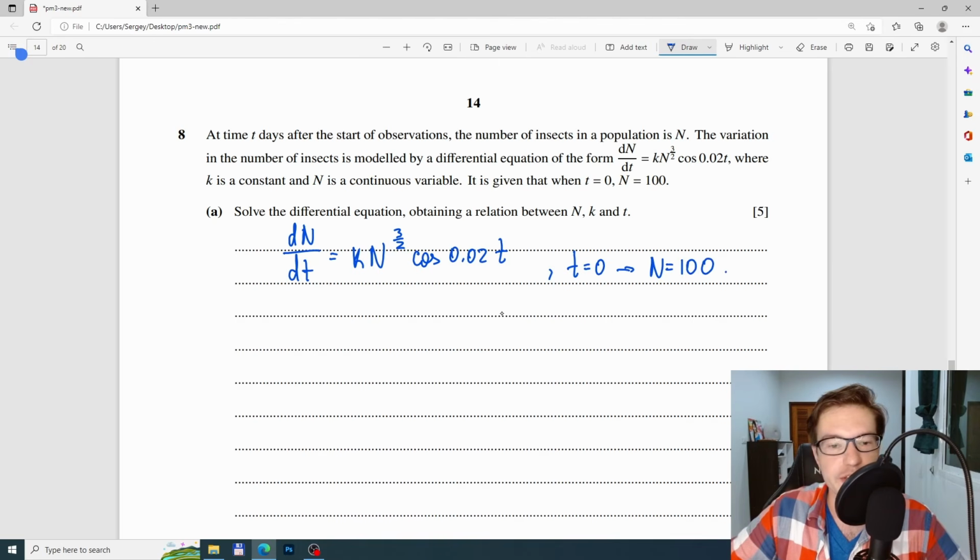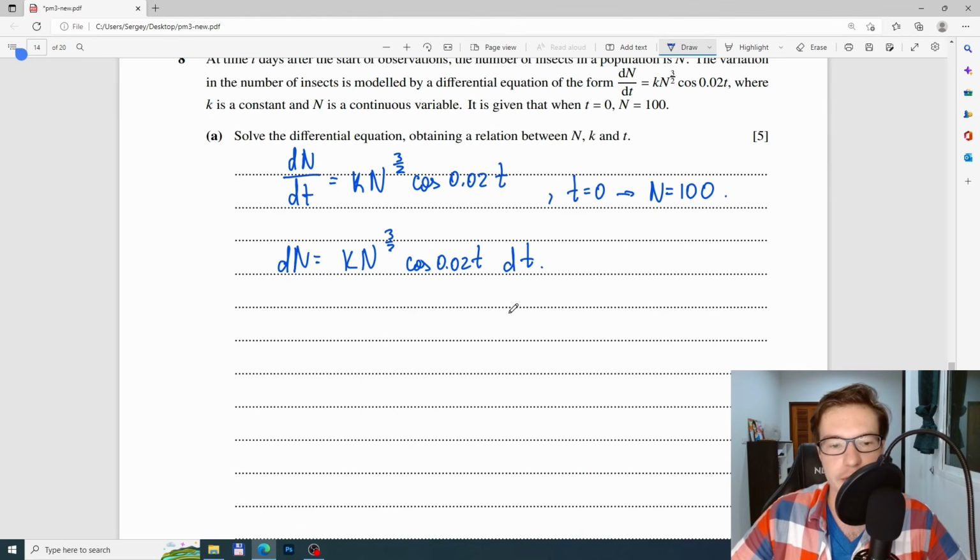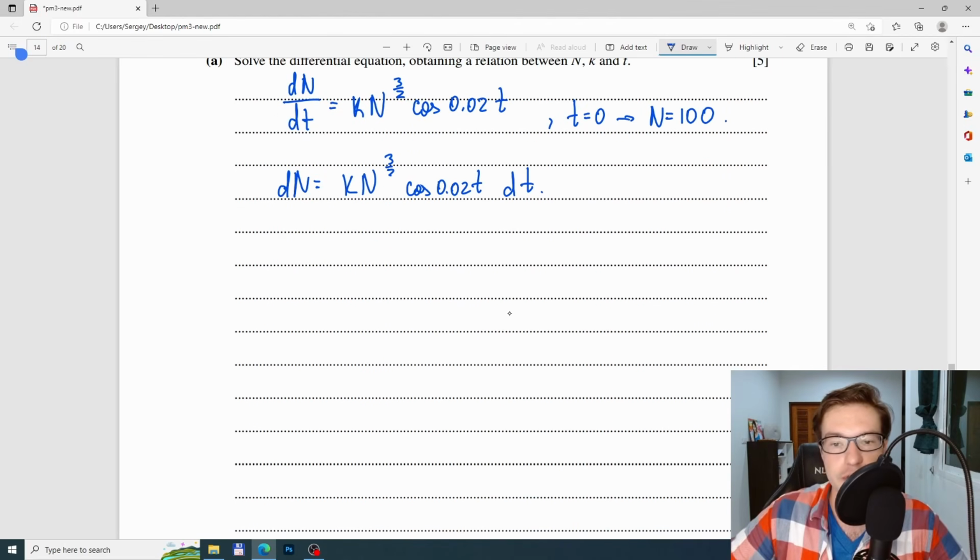Okay, so first of all, let's separate the variables, and let's say dn equals k n to the power 3 over 2 cosine 0.02 t times dt. Now, at this point, we have dn on the left and n on the right side. That's not good, so let's divide both sides by n to the power of 3 over 2.